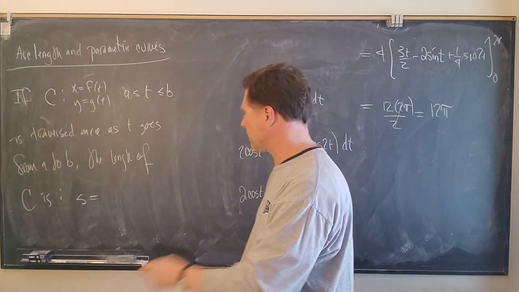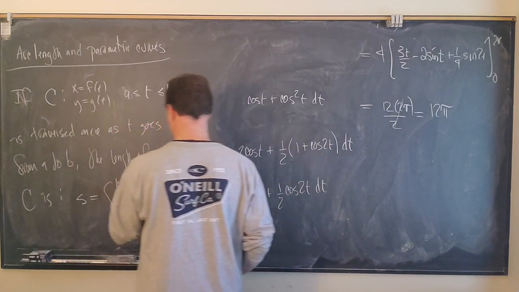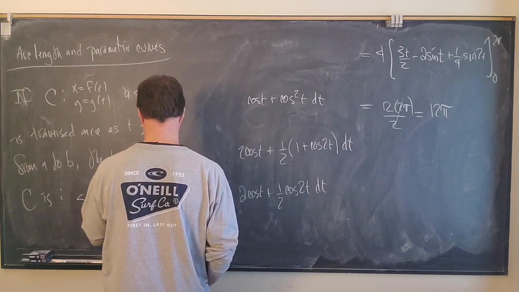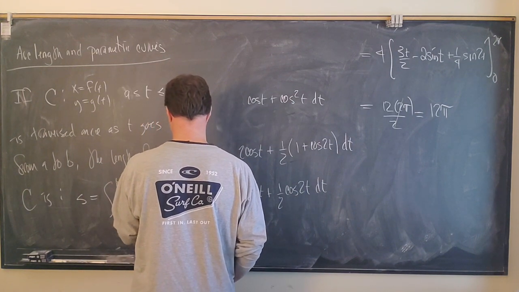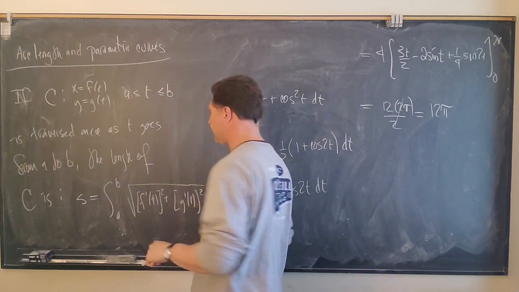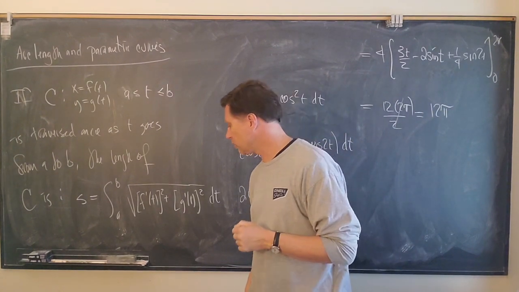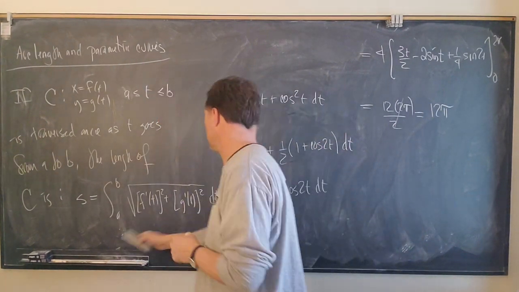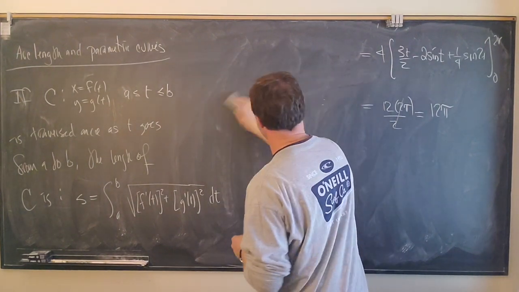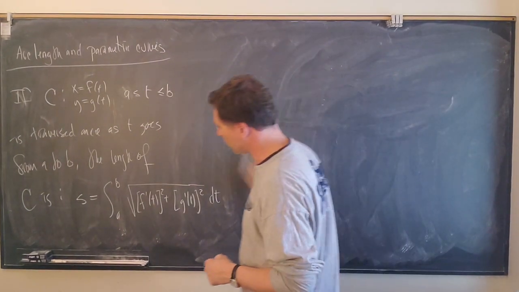So let's use little s, and it's going to be the integral from a to b square root f prime of t squared plus g prime of t squared dt. So this generalizes the arc length formula that you learned back in Calc 2. Right, and it opens it up so now that we can compute the length of parametric curves, not just the graphs of functions.